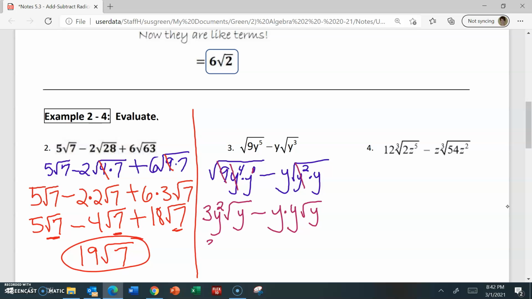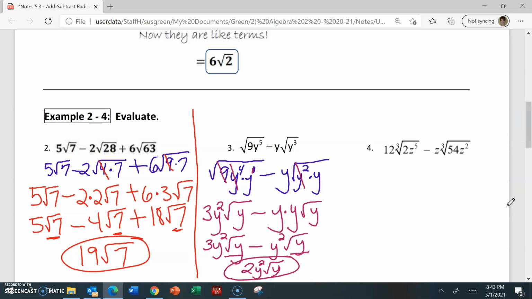So we have 3y squared radical y minus y times y is y squared radical y. Well, they both have the same radical, and we have 3y squared minus the 1y squared, so your final answer here would be 2y squared radical y.